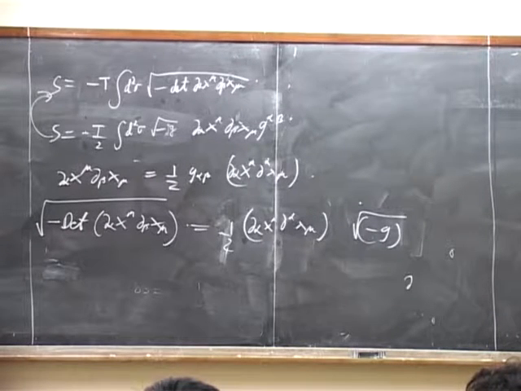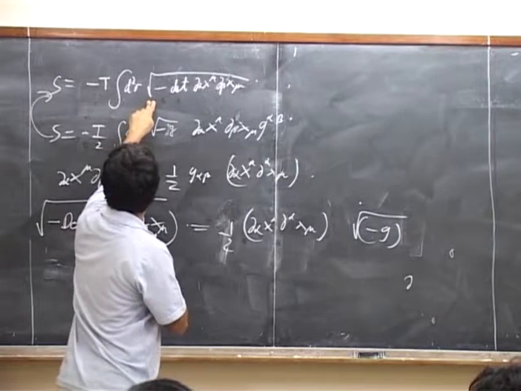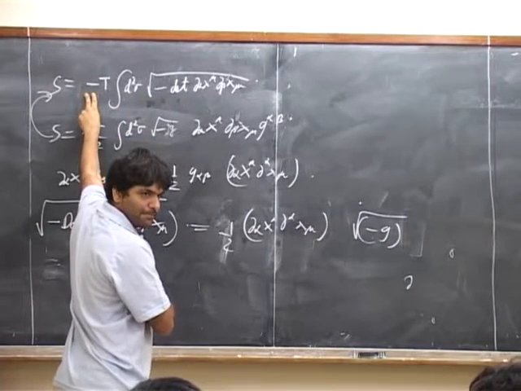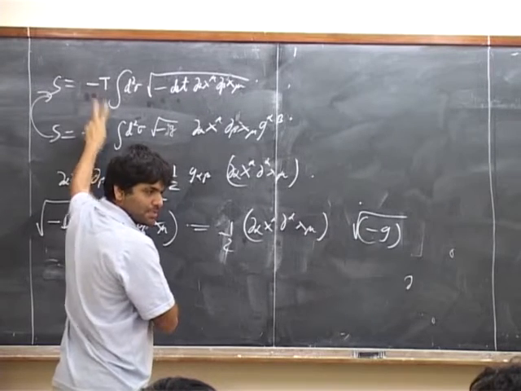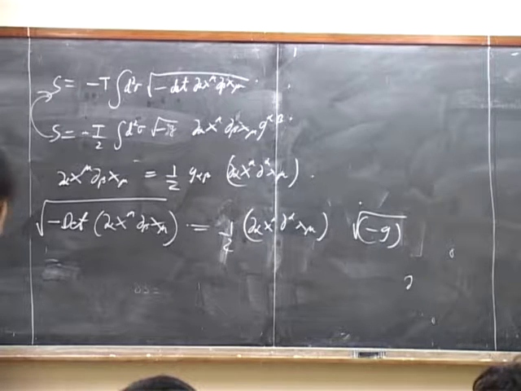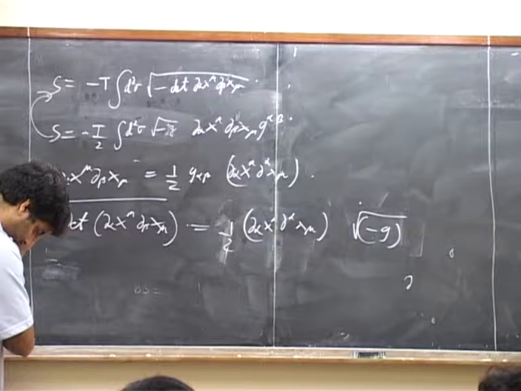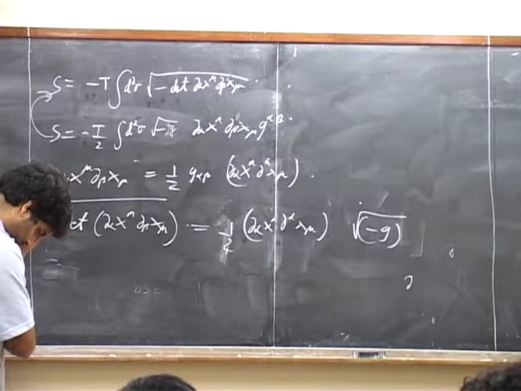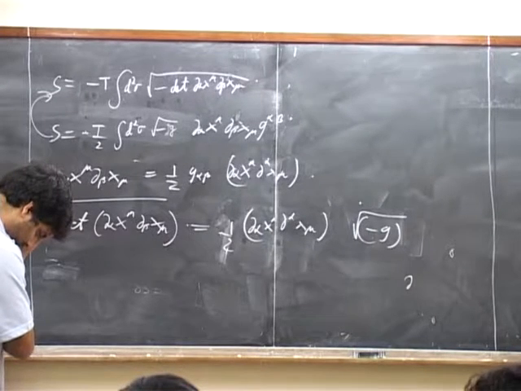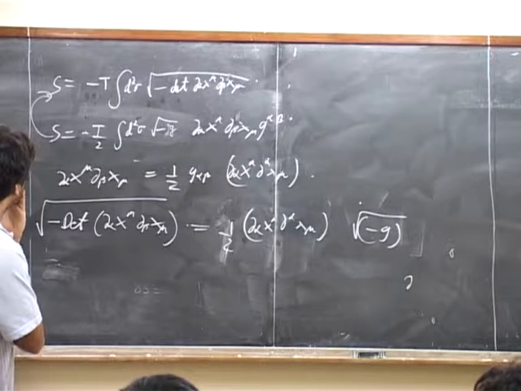But what's puzzling is that if by the square root we mean the positive square root, this looks like a negative definite object, whereas this looks like a positive one. I should have both as the same.